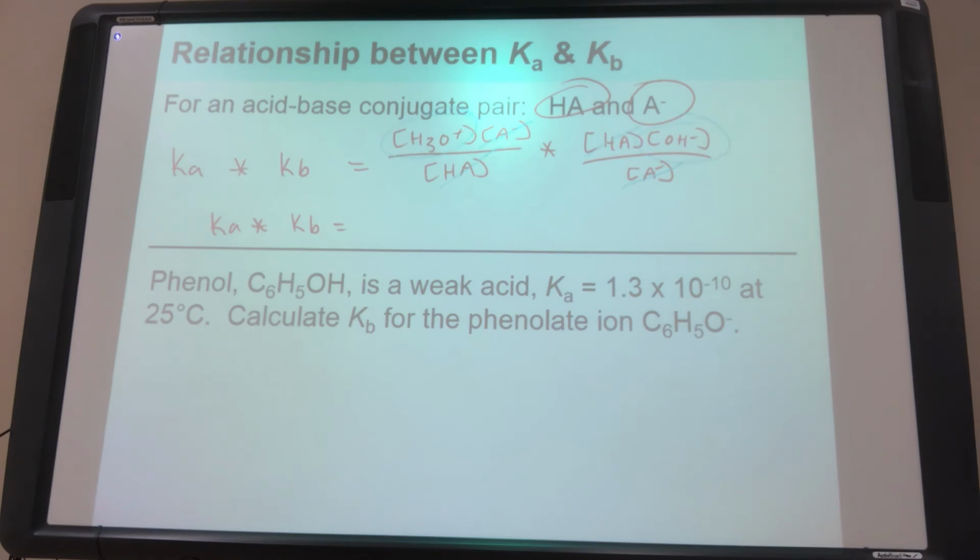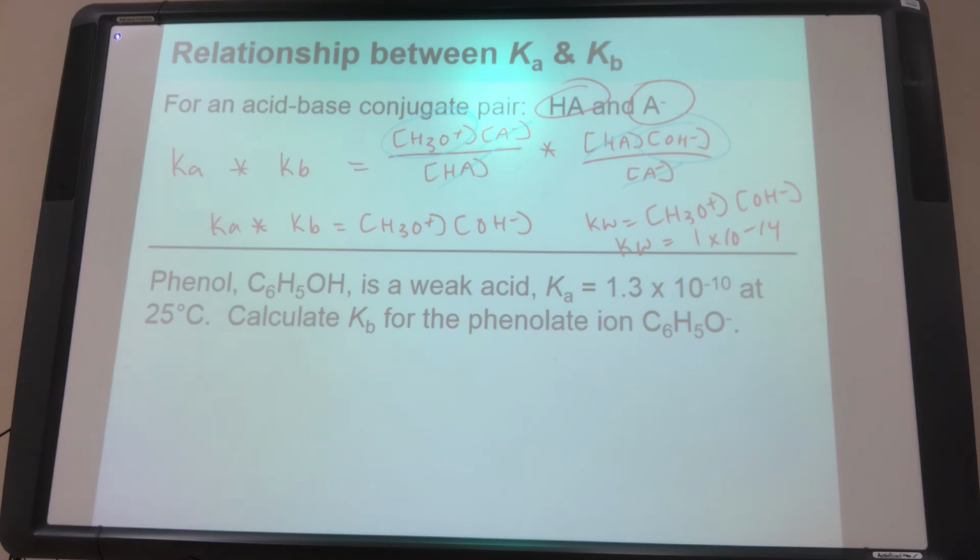So my Ka times my Kb is equal to H3O+ times OH-. And what did we also know that's equal to? Remember we said Kw was H3O+ times OH-, and that Kw was equal to 1 times 10 to the negative 14.